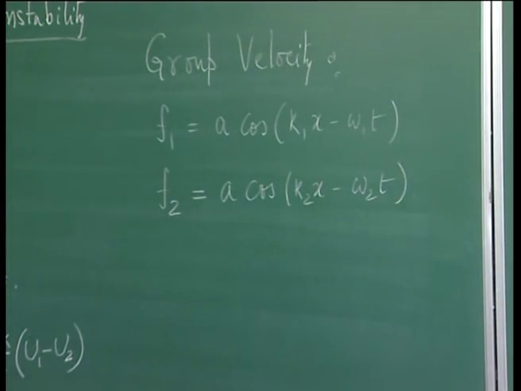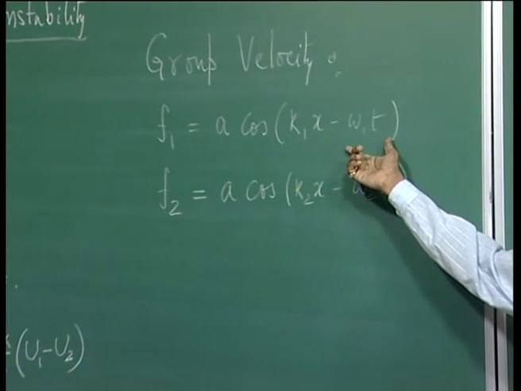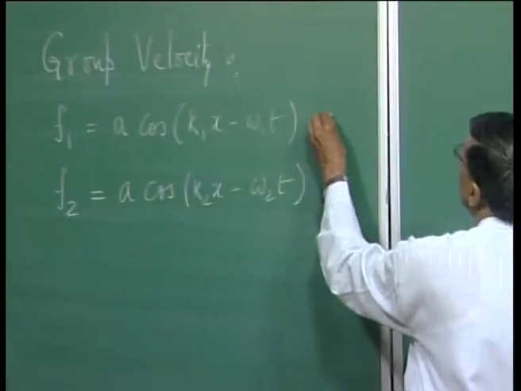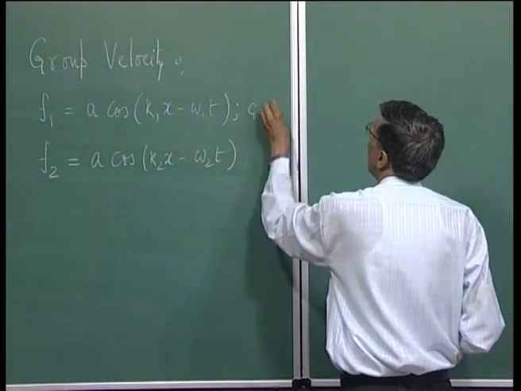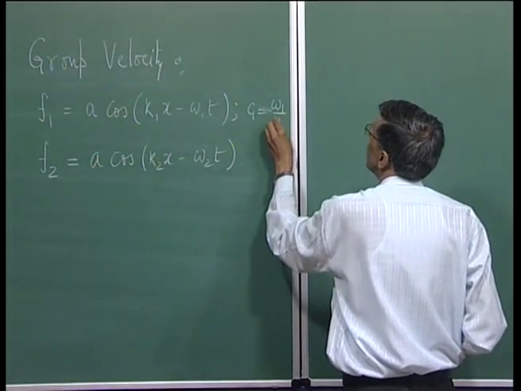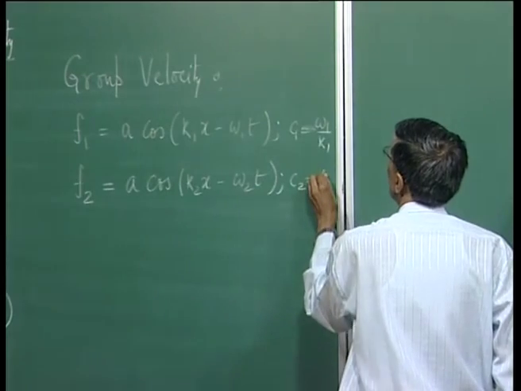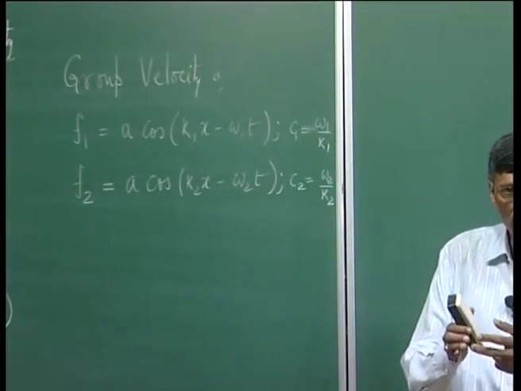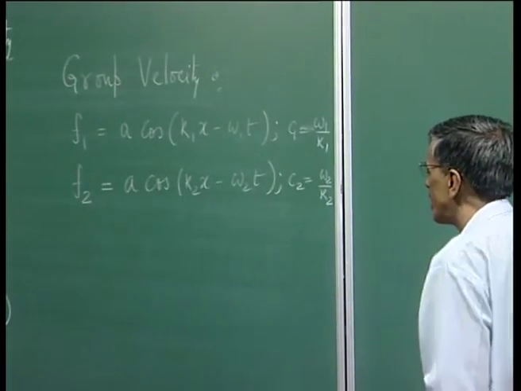And now, if these two waves are simultaneously present, as you can understand, this is a wave, right. The wave propagates with the phase speed c1, which is equal to omega 1 by k1, and for the other wave c2 will be omega 2 by k2. So, this is the speed at which the phase changes. How does the energy change? That is what we are interested in.